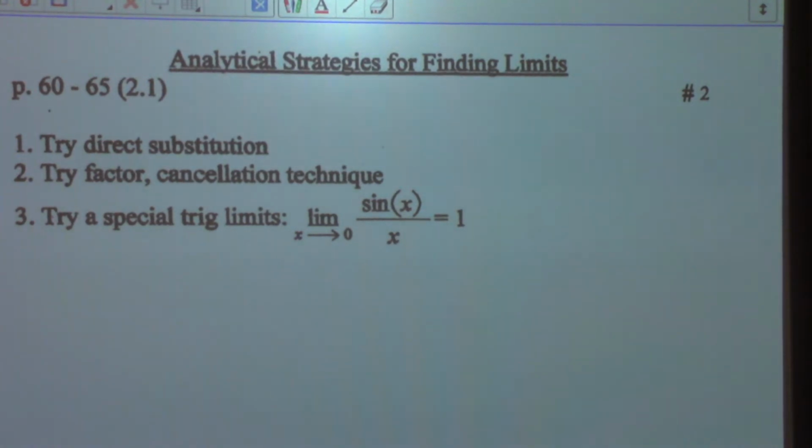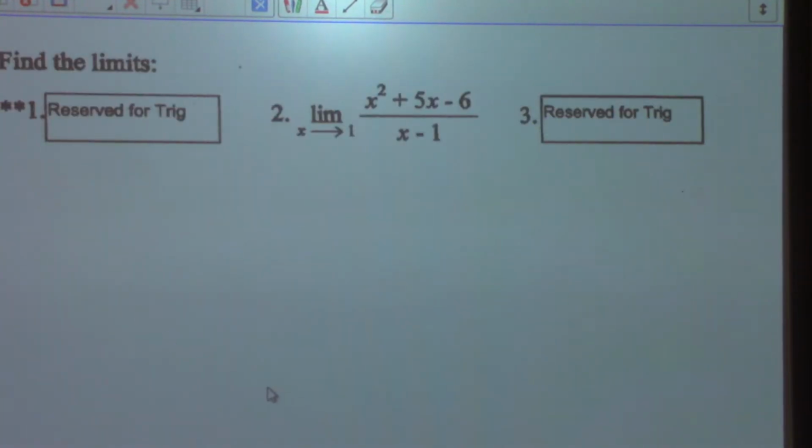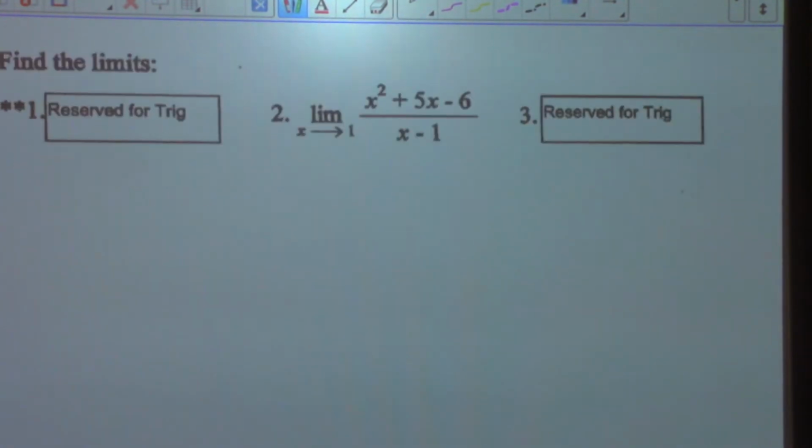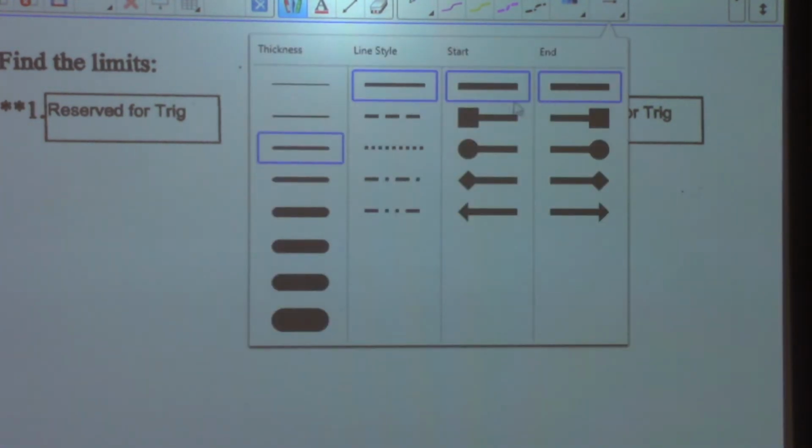Let's go into the examples. Now, we're going to cycle through and do 1 and 2, but we're going to look at number 2 first here. The first thing we're going to do is strategy number 1, which is try direct substitution. So I'm just going to write here. Let me get a smaller pen.